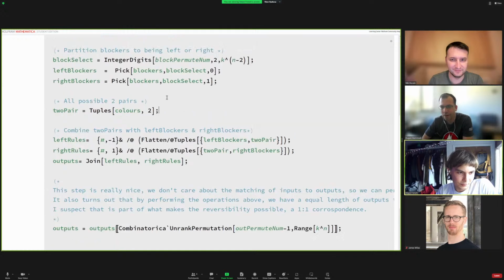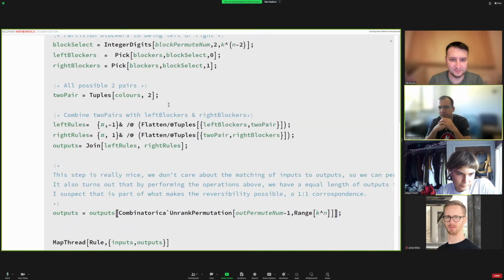So this is interesting. I guess in the case of n = 3, the blocker size is 1. So to have it reversible, you need some sort of saying, okay, if there are 2 colors, let's say, then at a position, it's either left or right, depending on the color of the cell.